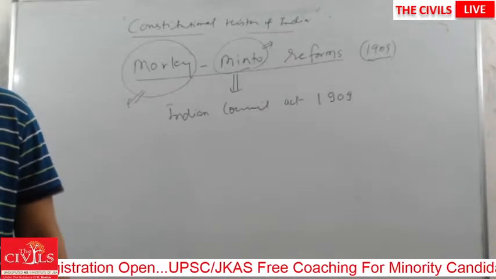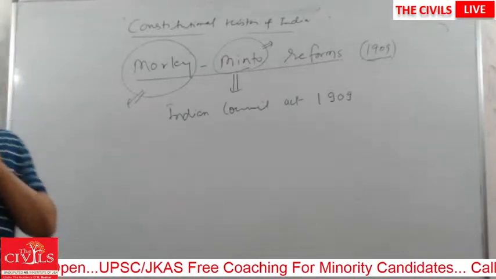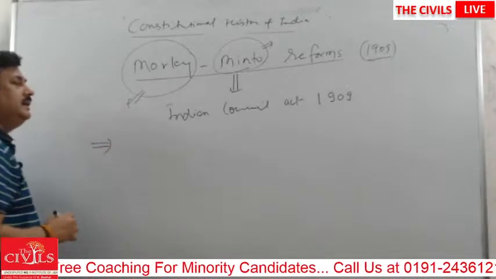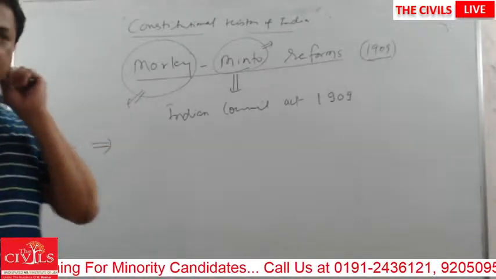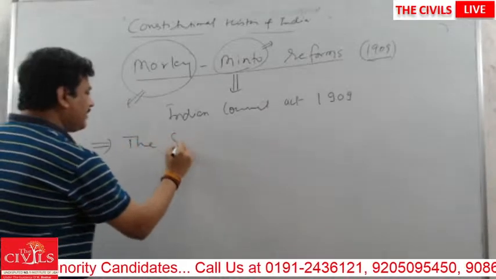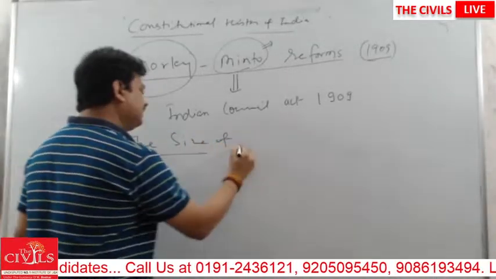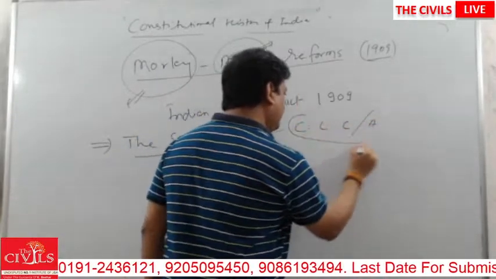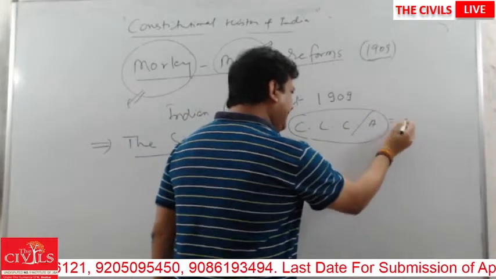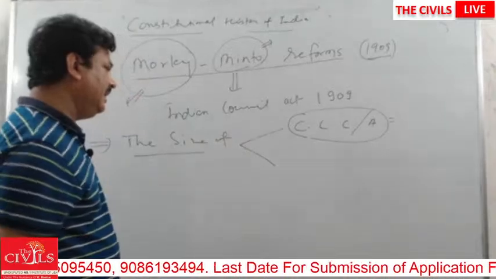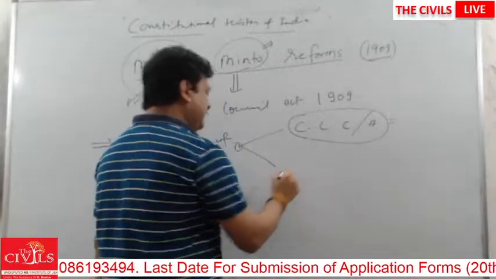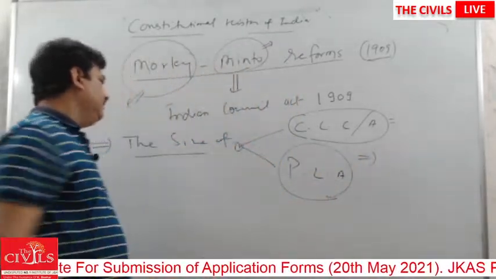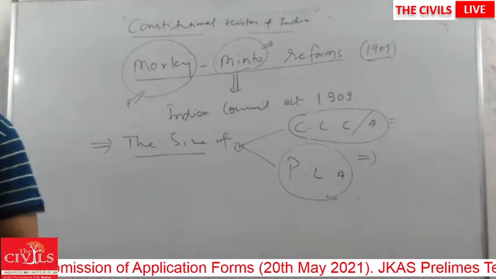Now, what were the provisions? The first provision was that the size of both the Central Legislative Council, also known as the Imperial Legislative Council or Assembly, and the Provincial Legislative Council or Assembly was enlarged.